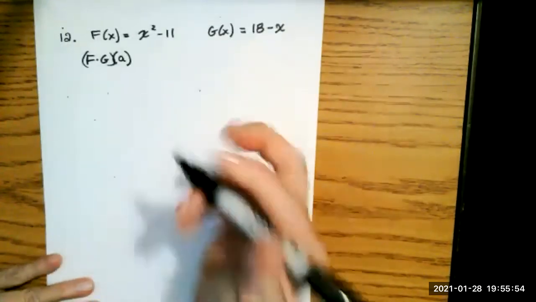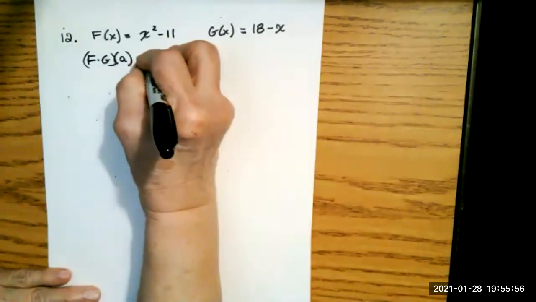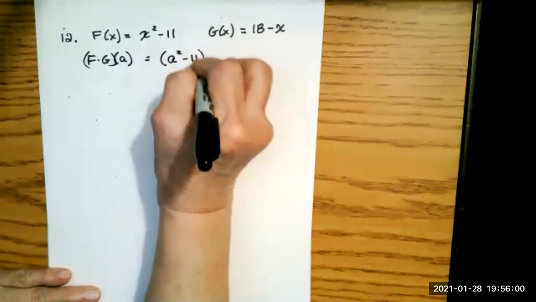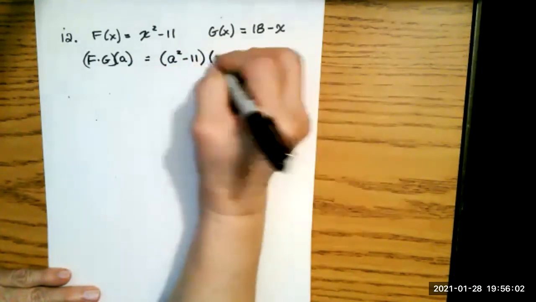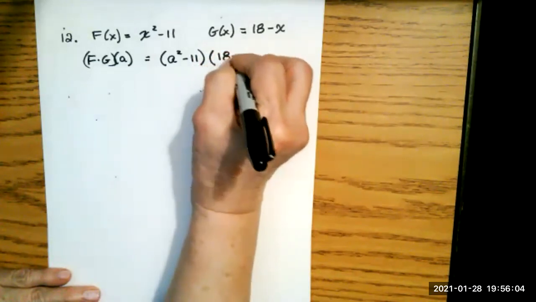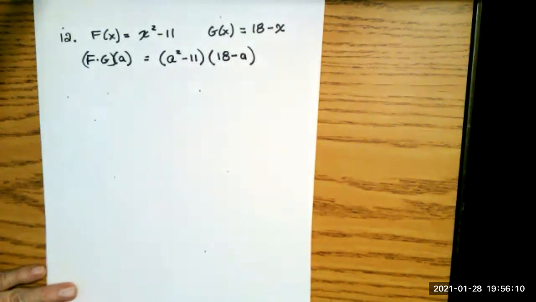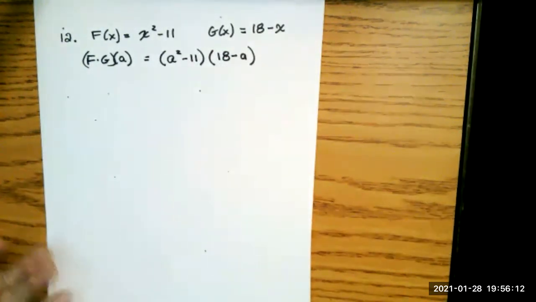So instead of x, we're going to put in a. So this is going to say a squared minus 11 times 18 minus a. And so just like substituting a number, we're going to substitute in a letter.